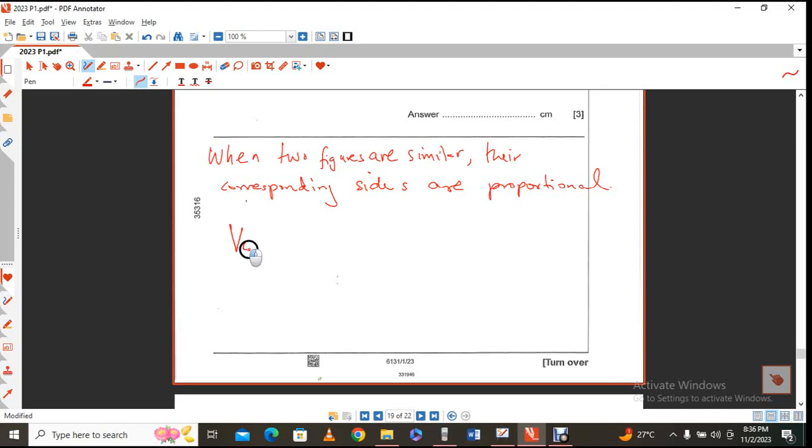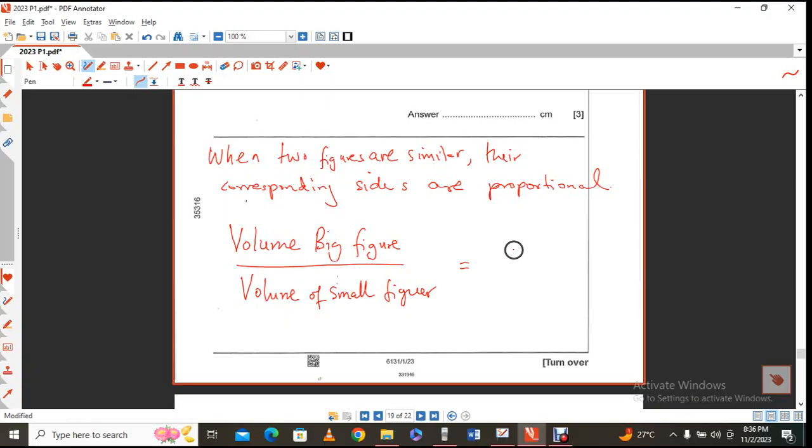So we'll take the volume of the big figure, and divide it by the volume of the small figure. Because we are dealing with volume, I started with the big one on top because the unknown is the big container.